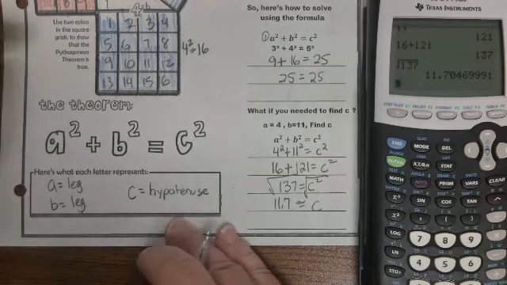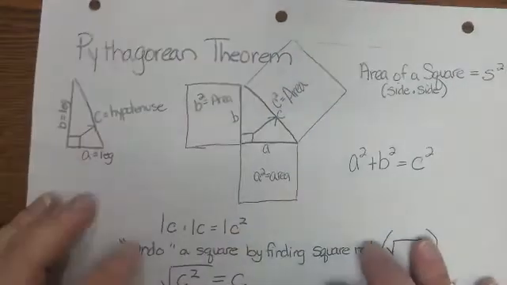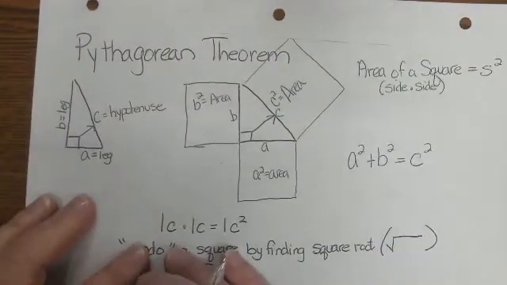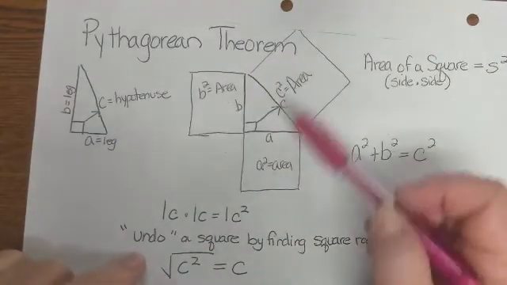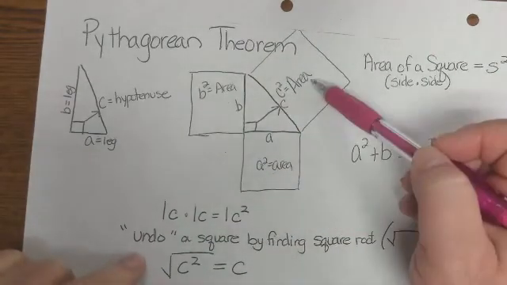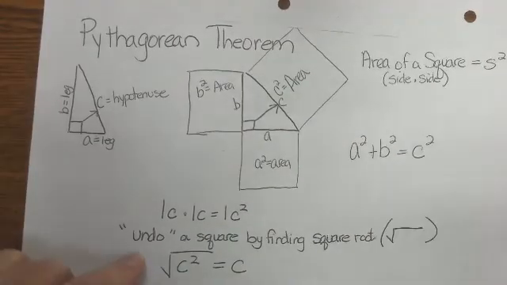So on the back, I kind of have some information for you, and it talks about the Pythagorean theorem, and it says the area of this plus the area of this equals the area of C. Okay?